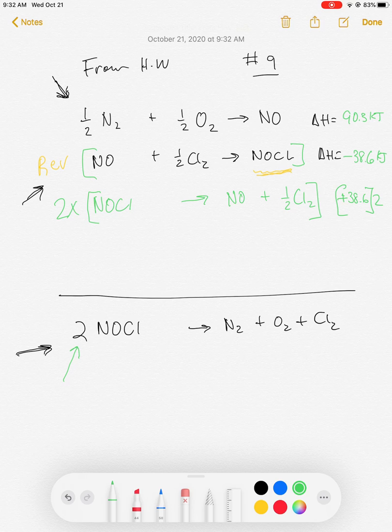So now we've got, let me change a little bit of color here. We've got 2 NaCl, 2 NO, and really 1 molecule of Cl2, because we had half, we doubled it.